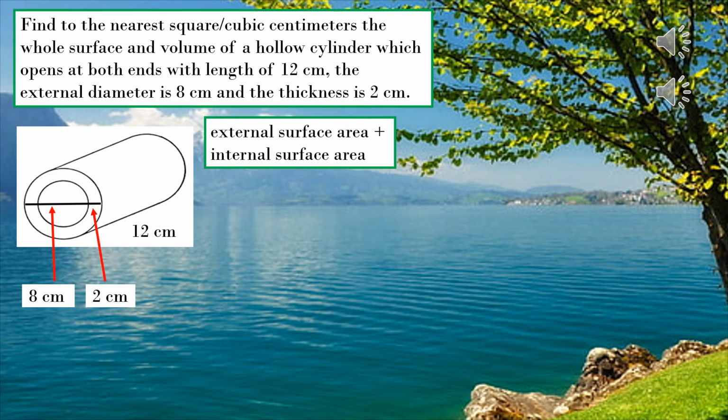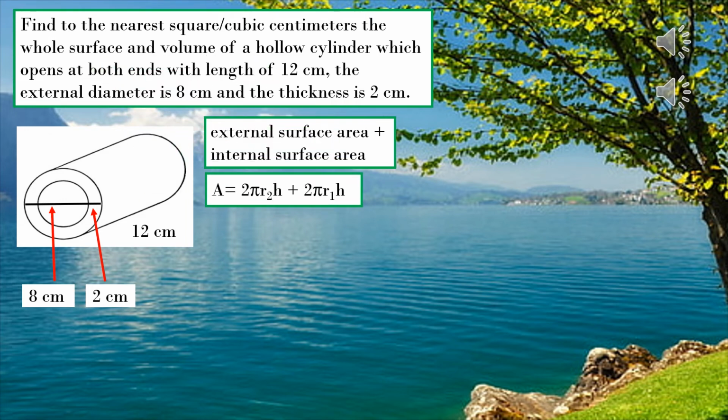External surface, that is the rectangle outside. If you open the curved surface outside, that is a rectangle, and of course the inside curved surface is the same.